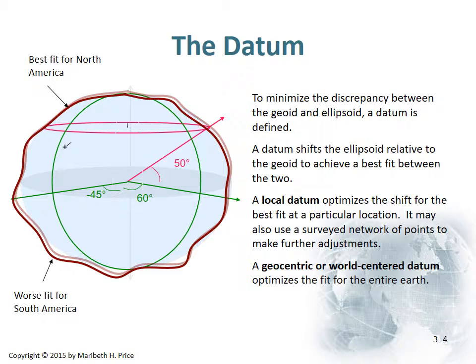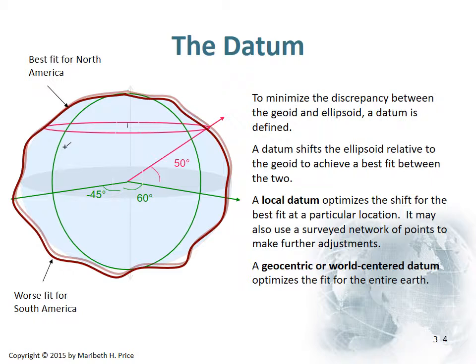We can create datums at the global scale, and those are used for the entire planet all at once, but they may not be very well fitted to local variation in gravity or local variation in terrain. And so some of the larger regions of the planet that have very good science programs in different countries have developed more local or regional datums that do a better job of describing what the Earth's surface is like there.